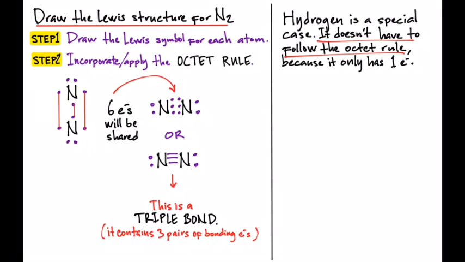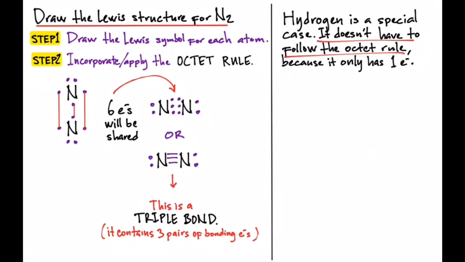So hydrogen gas is also a diatomic molecule. Okay, so you have H2, which is hydrogen gas. And hydrogen, the element hydrogen, is a special case because it doesn't have to follow the octet rule because it only has one single electron.